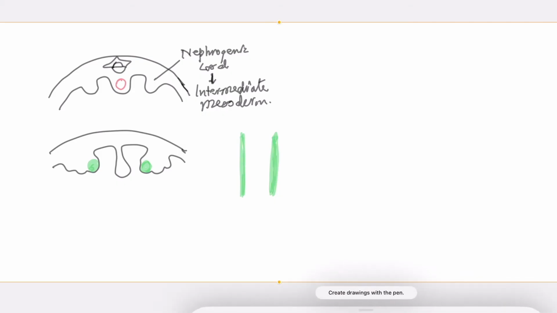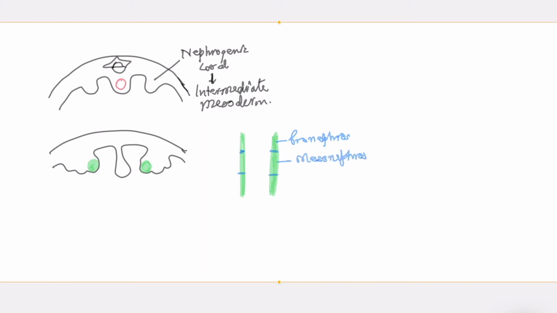This has been divided into three parts. This is pronephros, along the cervical and dorsal region. This is mesonephros, along the lower thoracic and lumbar region, and this is metanephros, along the lower lumbar and sacral regions.